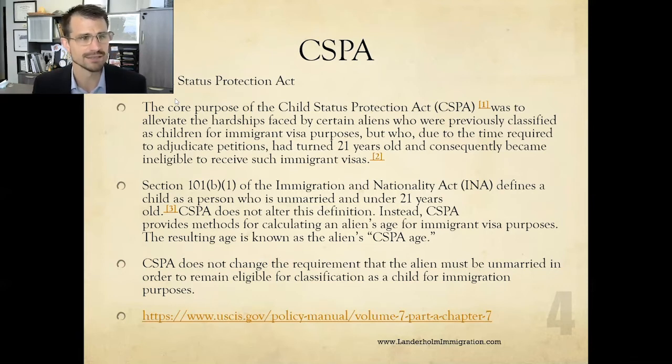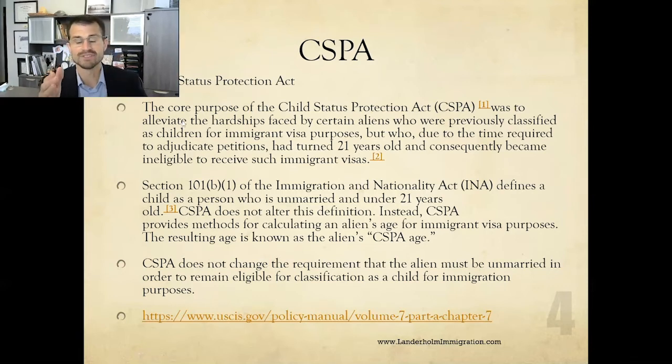So here's the deal. What happens if you are filing a petition? What if you're a U.S. citizen, filing a petition for your child who was born in another country? And imagine you filed that petition when the child was 19. And now imagine the process takes 2 to 3 years. So imagine that child turns 21 while that petition is pending.